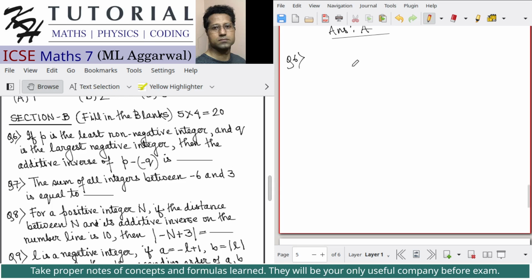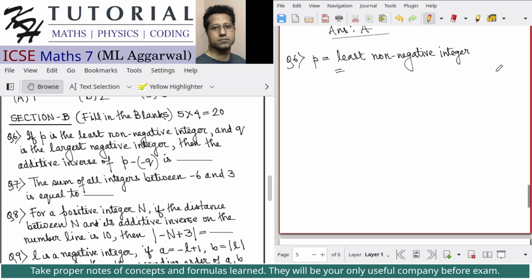P is given as the least non-negative integer. Now what are non-negative integers? Non-negative integers are integers which are not negative, which means 0, 1, 2, 3, 4 like this.